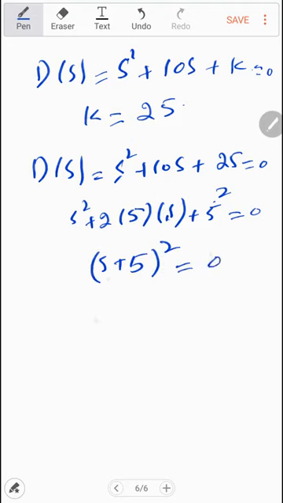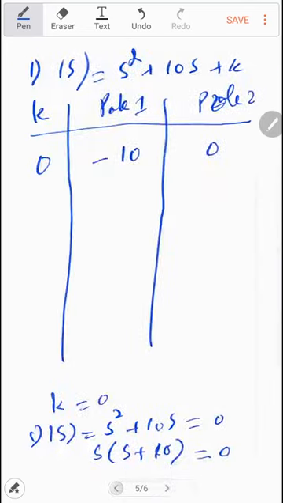So this means that S is equal to minus 5 and minus 5. So when K is equal to 25, we have one pole at minus 5 and another pole also at minus 5. We have two poles at minus 5.